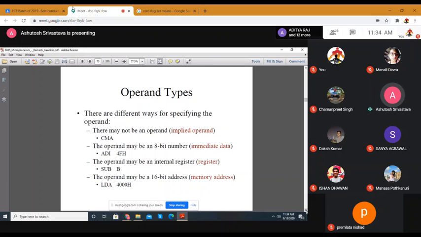See the second instruction, which is add immediate. So the end user is giving immediate data to be added. And what is that data? 4F. So 4F is in the hexadecimal form.